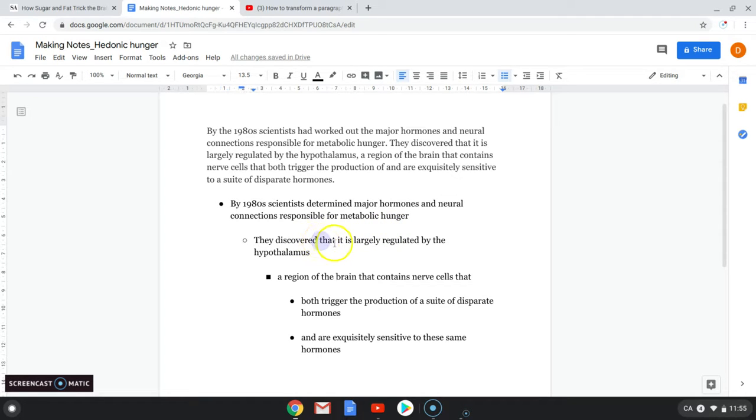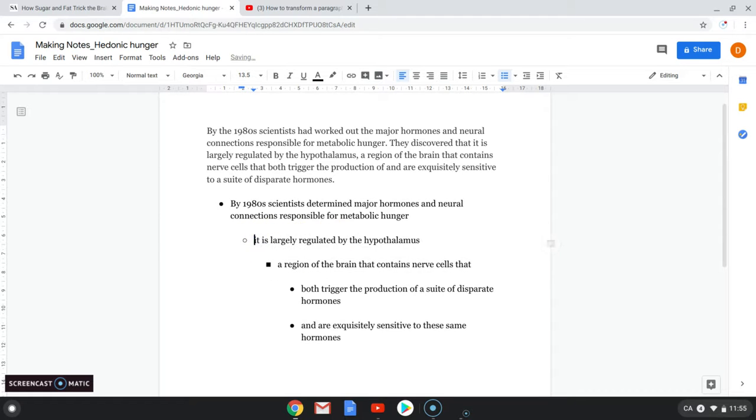No. Do we need the word that? Not even. So chop that. It is largely regulated by the hypothalamus. That could be shortened, if you wanted to, you can just say mostly regulated by hypothalamus.